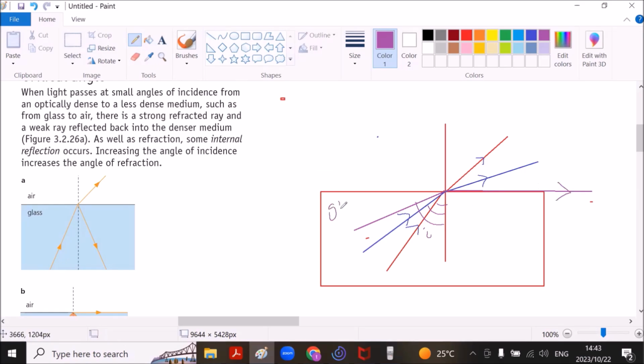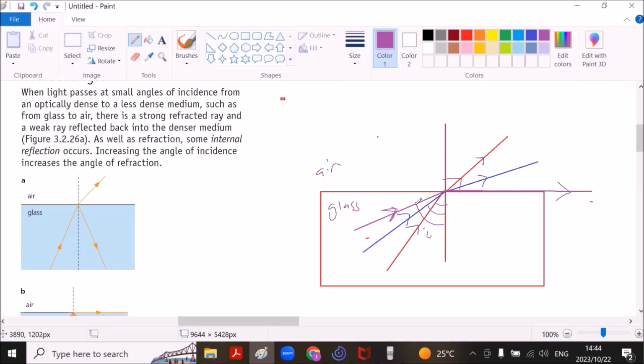So we're coming from glass to air, and we know the angle of incidence here is less than the angle of refraction. As we keep increasing the angle of incidence, the angle of refraction grows up to a certain angle of incidence, which will cause the angle of refraction to be 90 degrees.